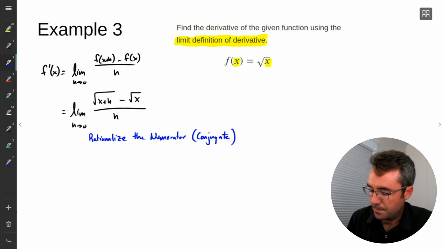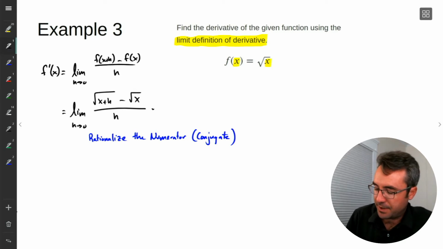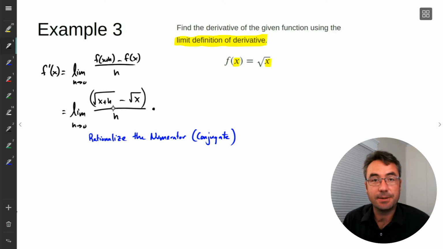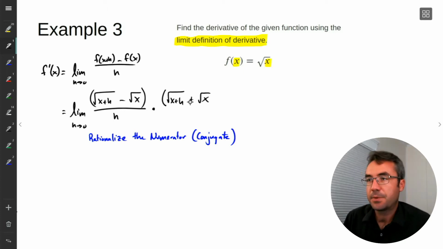All right, so what are we going to do? See what we have in the top here. We have square root x plus h minus square root x. We're just going to multiply by a fancy 1. So we're going to multiply this whole thing by its conjugate. Its conjugate is the exact same expression, only difference is we're switching it to a plus. It originally was a minus, we've switched it to a plus. So that's the conjugate.